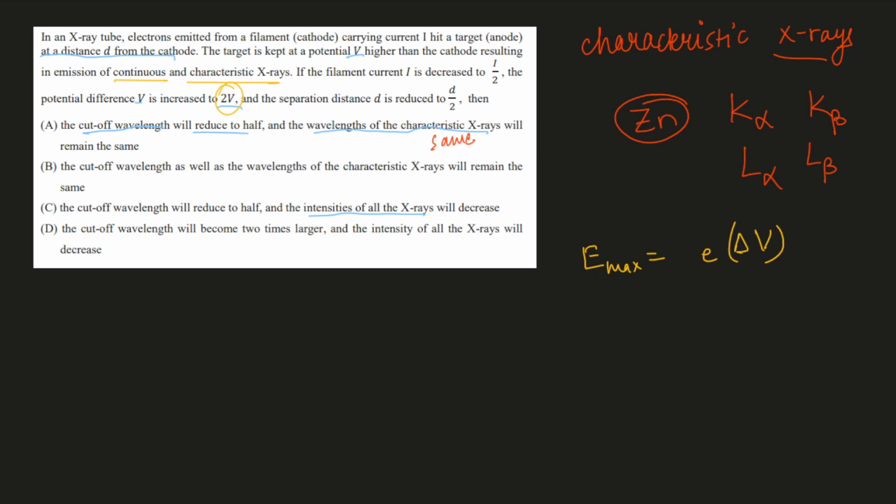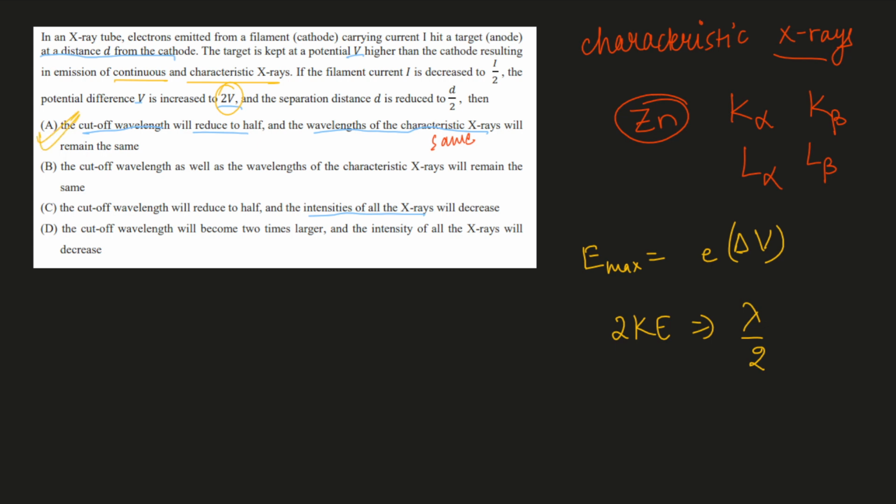And when the maximum kinetic energy is doubled, the wavelength, remember that wavelength goes inverse to energy, so the cutoff wavelength of the photon that you get decreases by half. All right. So the cutoff wavelength will reduce to half, and the wavelengths of the characteristic X-rays will remain the same. This is correct.